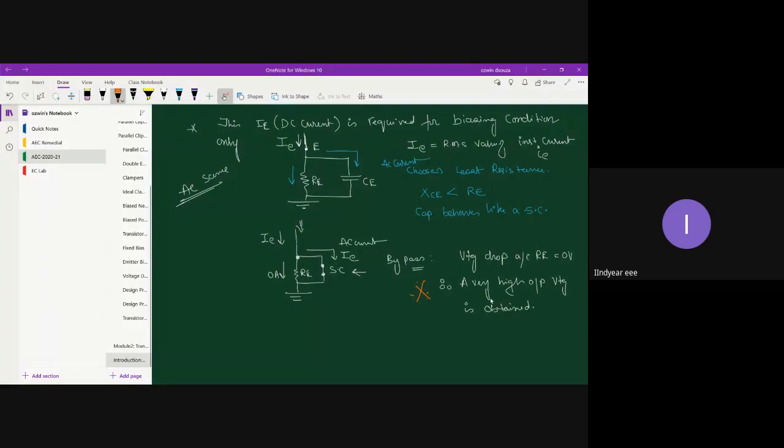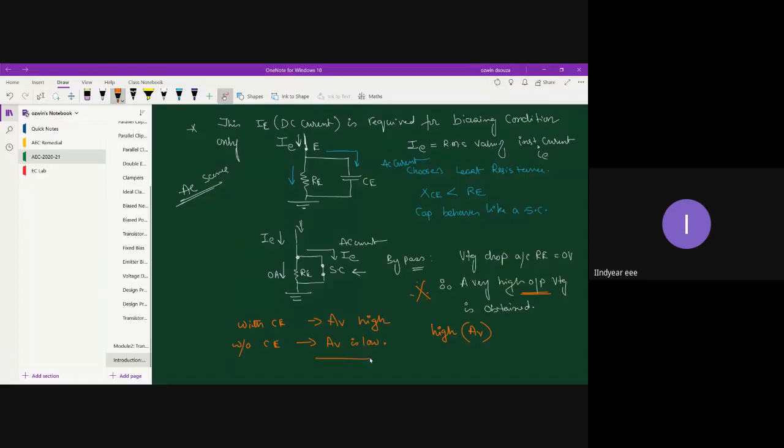This ensures a very high output voltage appears across the collector to ground terminal. So if there is a bypass capacitor, you will have a very high output voltage, or in other words, high voltage gain. With CE, voltage gain is high. Without CE, voltage gain is low.